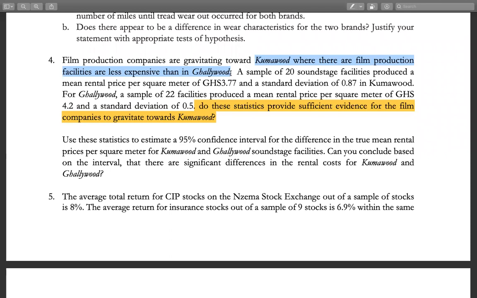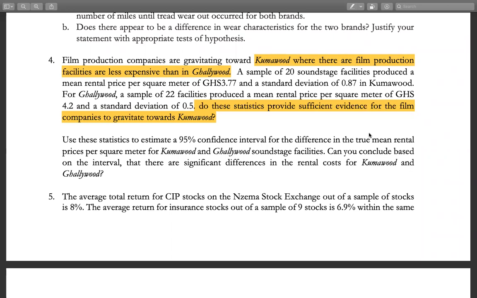If I want you to formulate an alternate hypothesis for this situation, forget about the numbers. What do you think would be the first thing that will come to mind? What are you comparing, first of all? I'm comparing the movement of people from Kumawood to Gallywood.